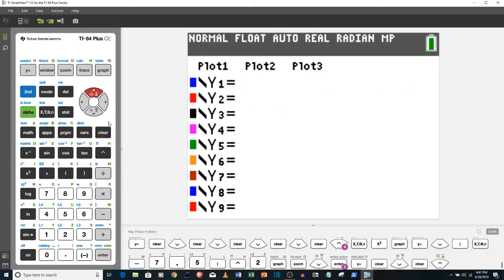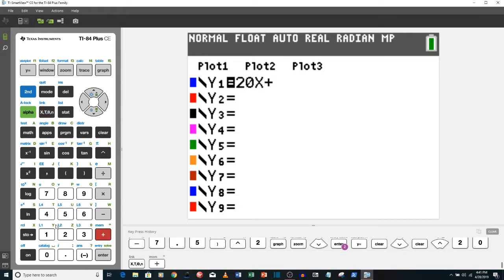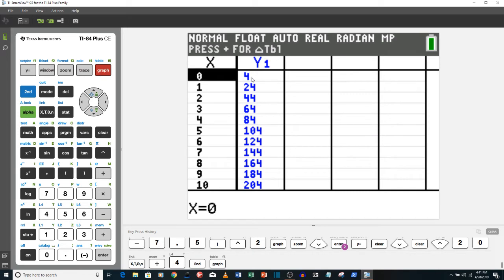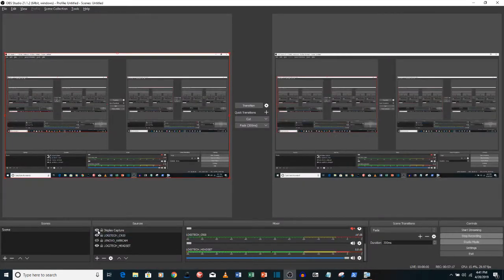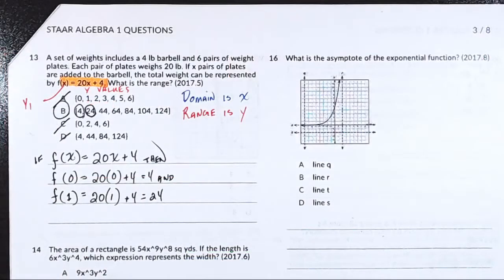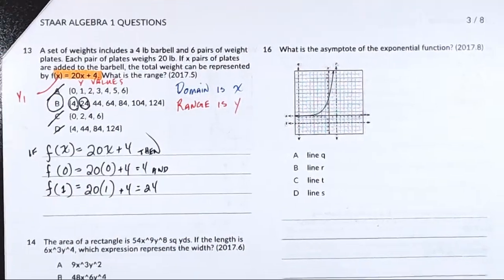In y1, put 20x plus 4, and then hit second graph. And you'll see the range right there, 4, 24, 44, 64. Jump back to the answer choices, and you see 4, 24, 44, 64. You see that range matches up with what you saw in the calculator, so it's B.